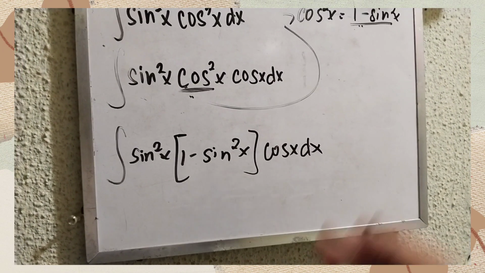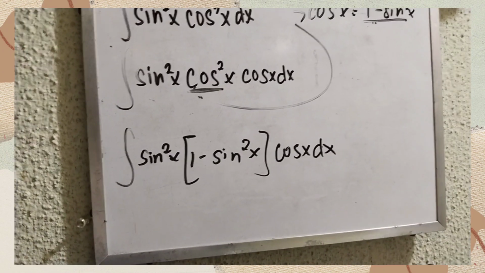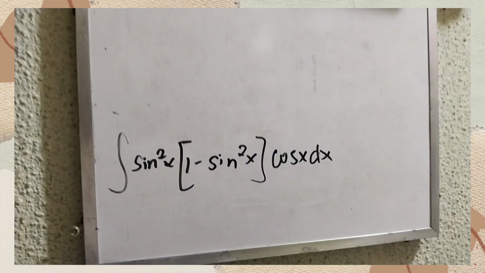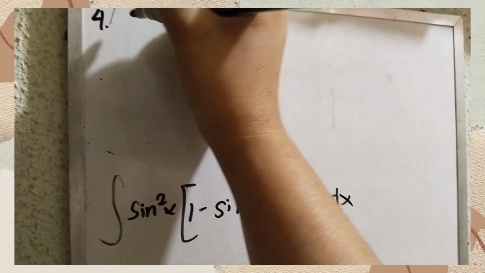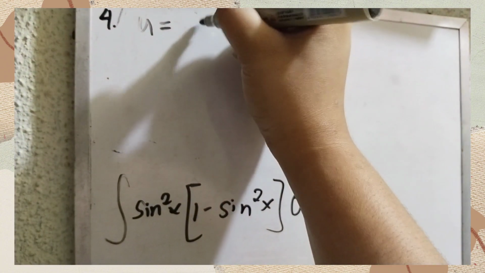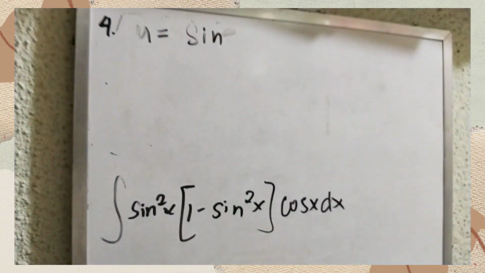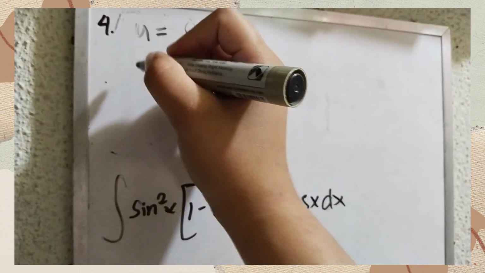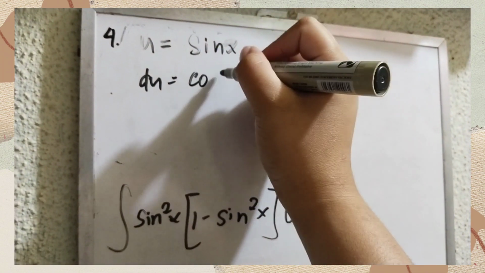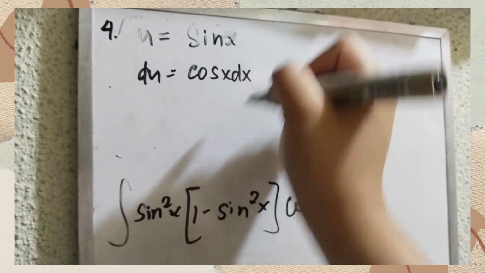So now we can do the u substitution. We let u equal sine x, and then du will be equal to cosine x dx.